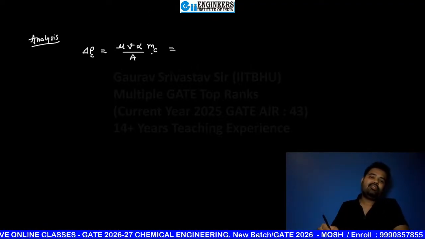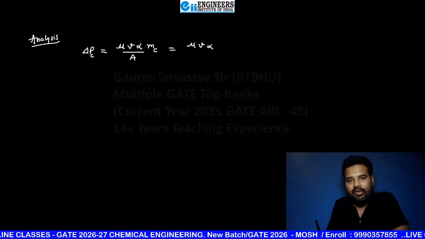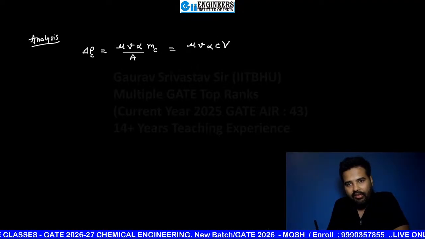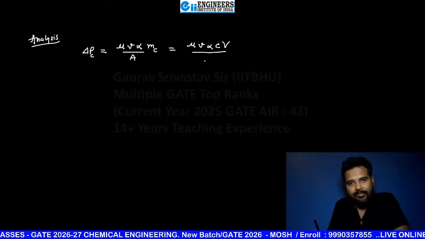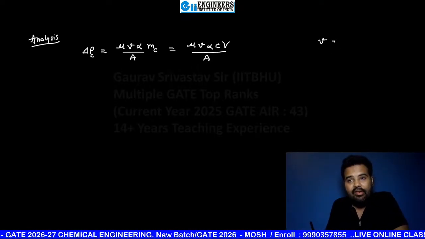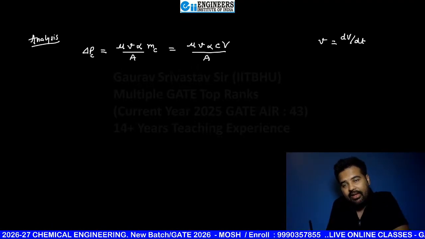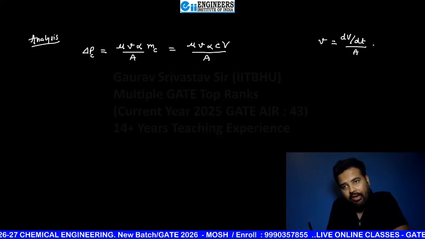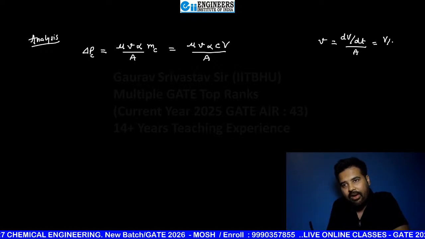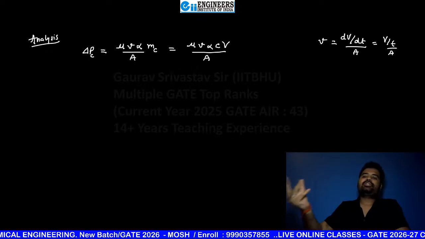And this mc was simply small c capital V. And one more thing I told you about this v: this v was nothing but dV by dt and whole upon A, or you can write V by t upon A, that means the volume of filtrate collected in this time.